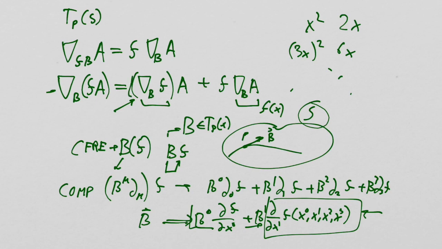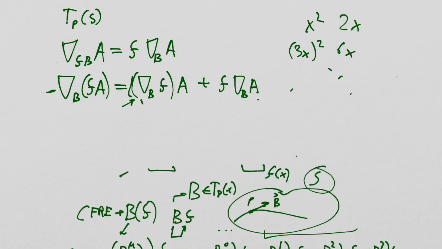So let me move this stuff out of the way, and I will now write b operating on f times a plus f times the covariant derivative of a with respect to b. Now notice how everything works here. This is a function times a vector.